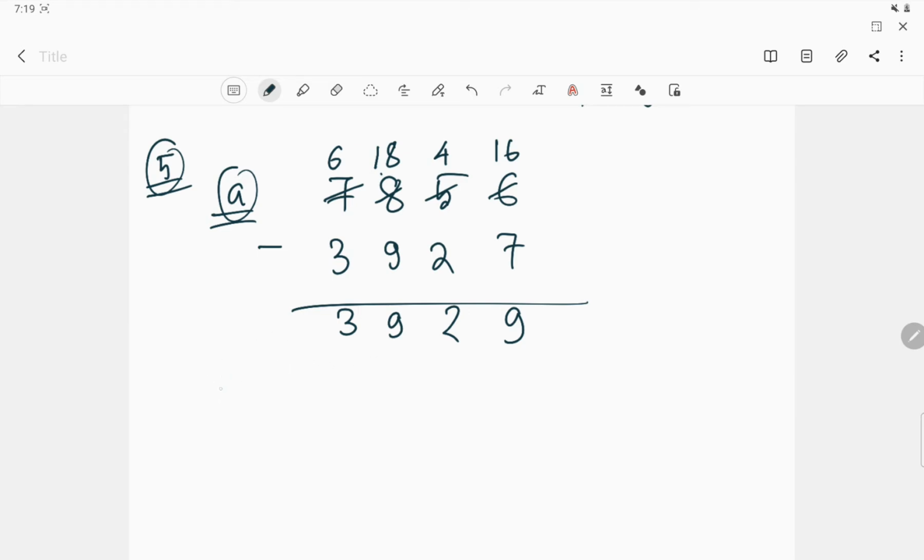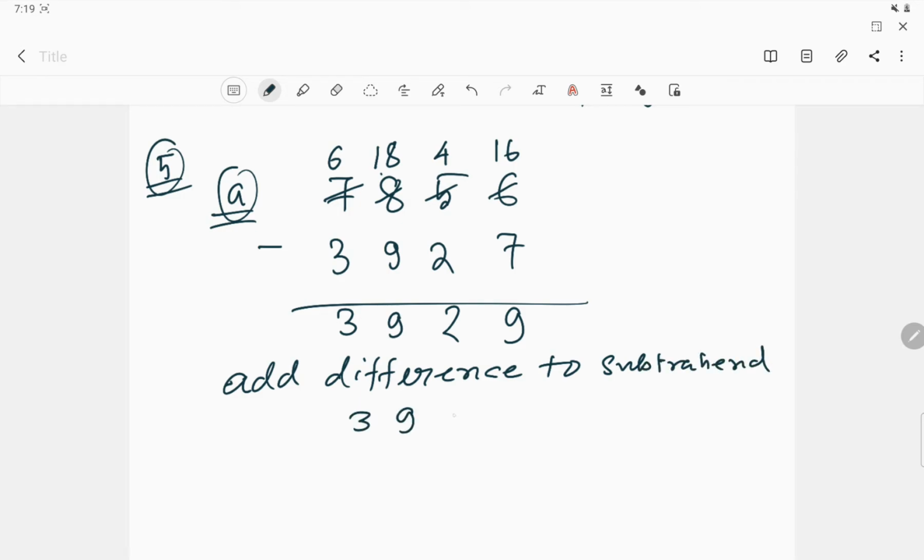You have to add the difference to the subtrahend. So write down 3929 and 3927 and add them. 9 plus 7 is 16, so carry over 1. 2 plus 2 plus 4, 2 plus 2 is 4, 4 plus 1 is 5. 9 plus 9 is 18, carry over 1.